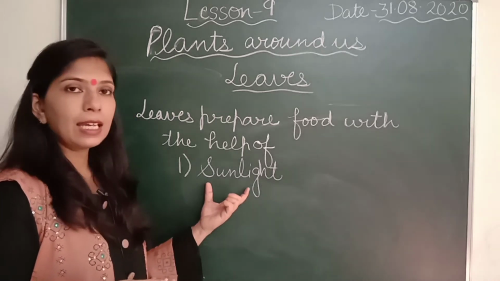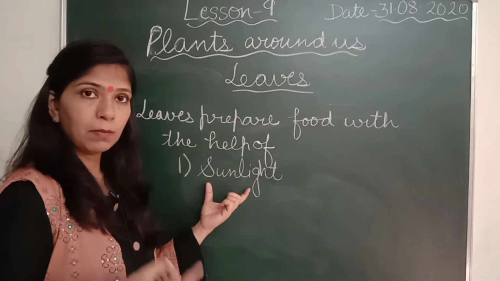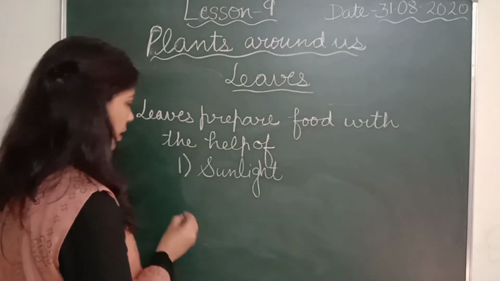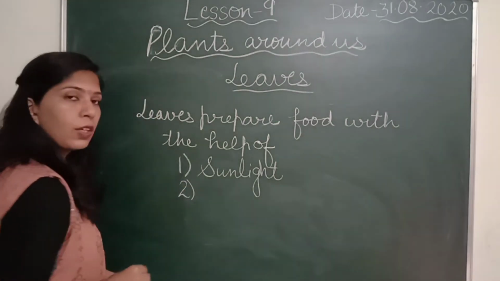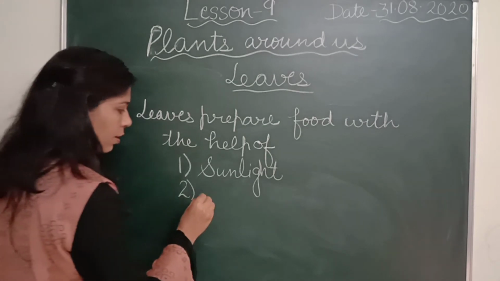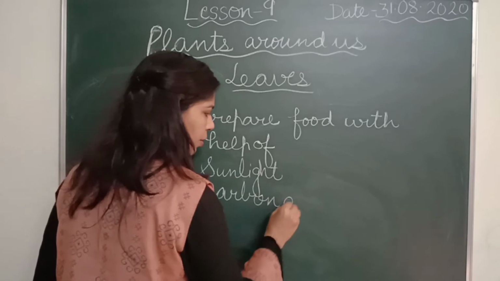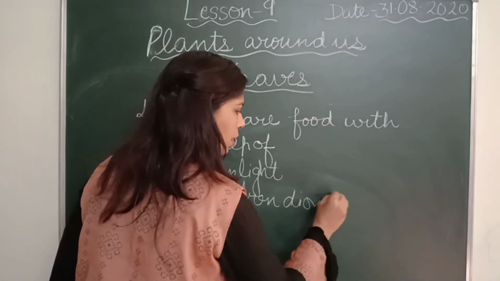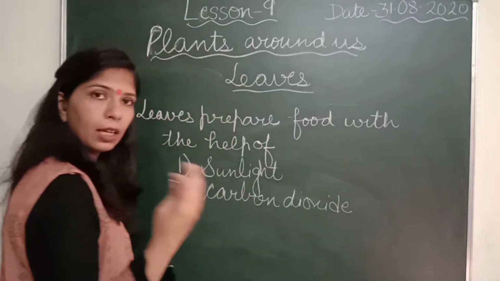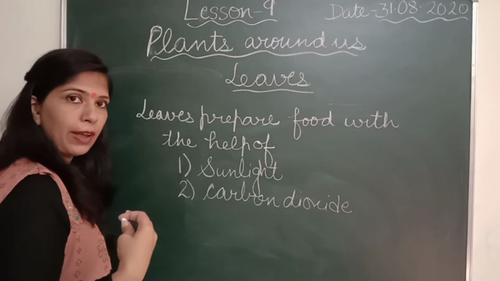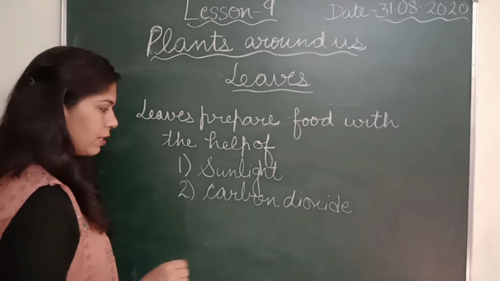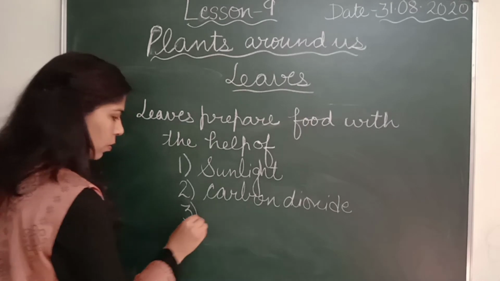So plants take heat from the sunlight. Second is gas, like carbon dioxide. They take carbon dioxide from the air and release oxygen, right?